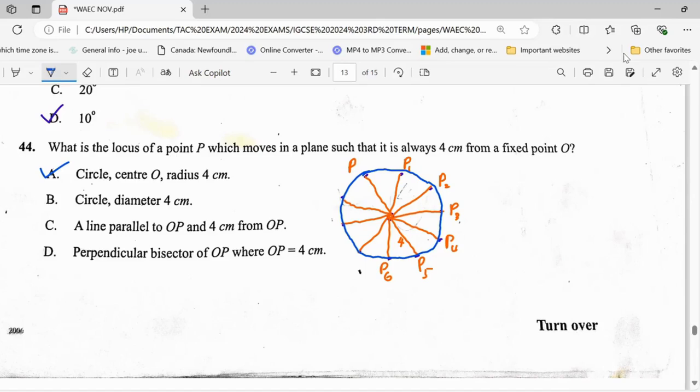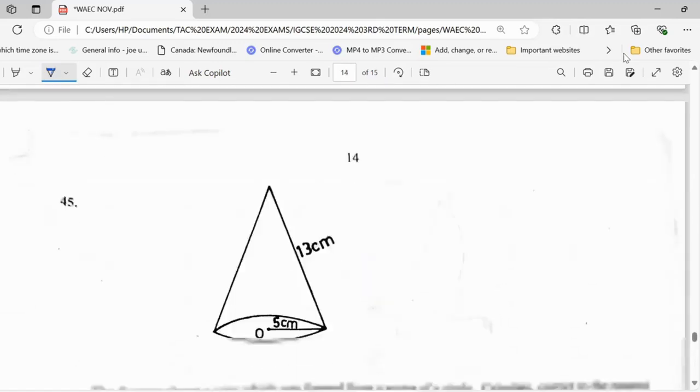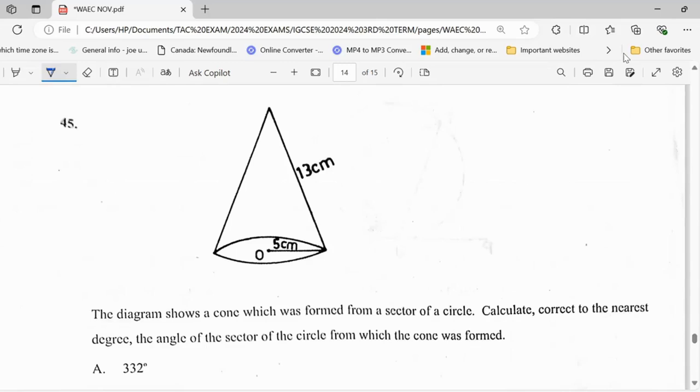We proceed to question number 45. The diagram shows a cone which was formed from a sector of a circle. Calculate, correct to the nearest degree, the angle of the sector of the circle from which the cone was formed.